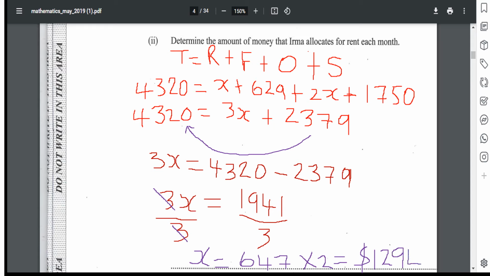Here we have it. That's the amount of money that Irma allocates for rent each month.